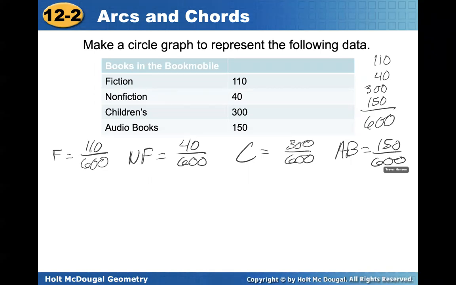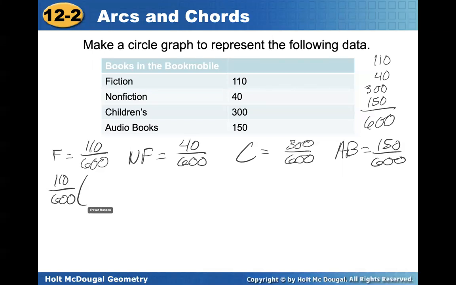Now, the next step is to find out what degrees of the circle, what percent of the circle. Essentially, circles come in degrees because we have 360 of them in a circle. So we need to find what degrees each piece is going to be. To find that, we're going to take our fraction or our percent, because 110 divided by 600 is a decimal and is a percentage, right?